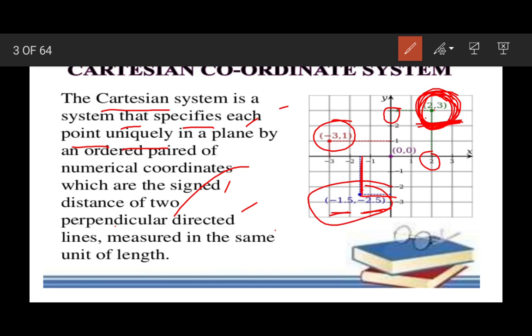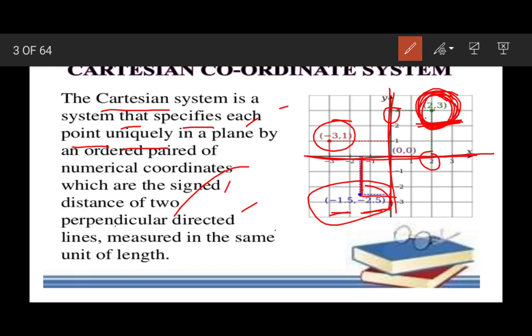So the Cartesian system is a system that specifies each point uniquely by an ordered pair of numerical coordinates, which are the signed distances of two perpendicular directed lines, measured in the same unit of length.